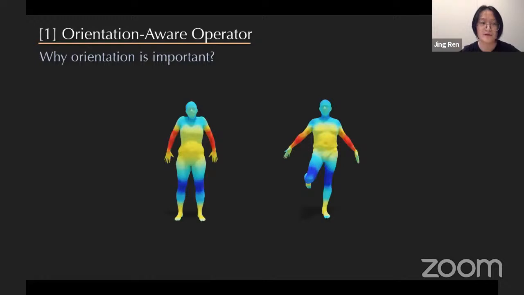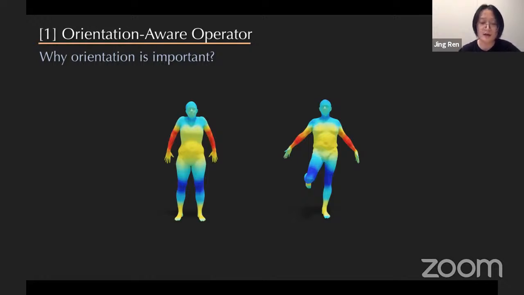The first project is about an orientation aware operator. Orientation is really important because we start this functional map pipeline from pre-computed descriptors, and most of these descriptors are intrinsic, which means it's hard for them to disambiguate left from right.